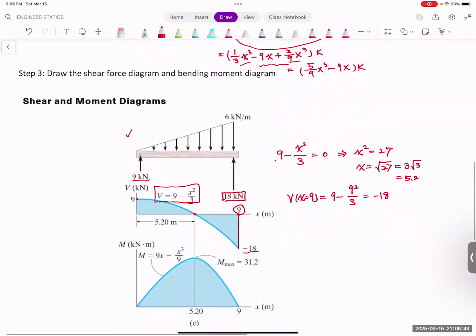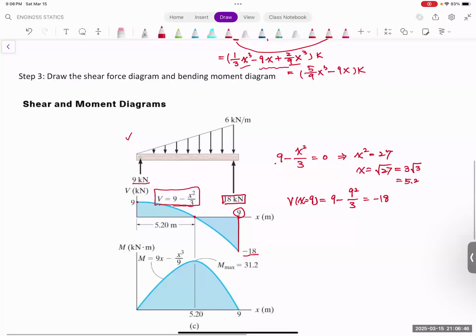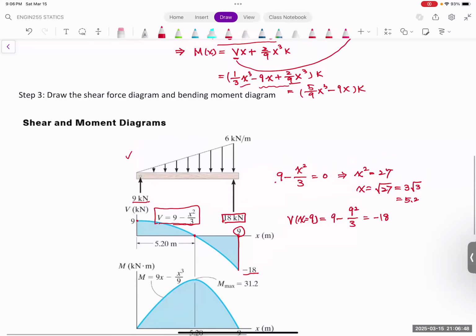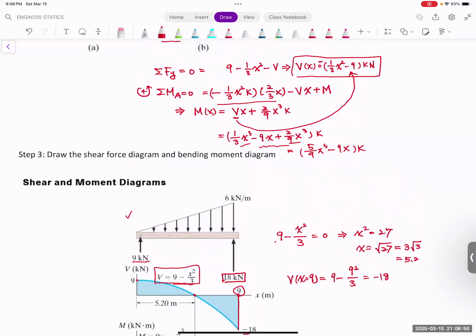Well, the bending moment diagram is more complicated. As I said, this one is wrong, so I should fix this one, because the sign of this one is opposite, so I should use positive here and minus here. And if I do that, this will be positive, and over here, that should be a negative, it should be 1/9, so this will be 1/9.